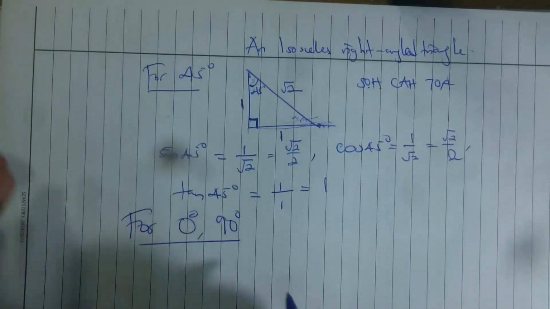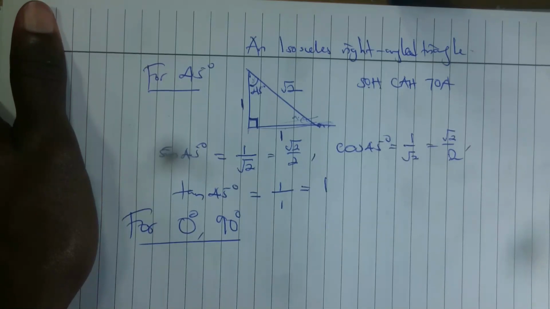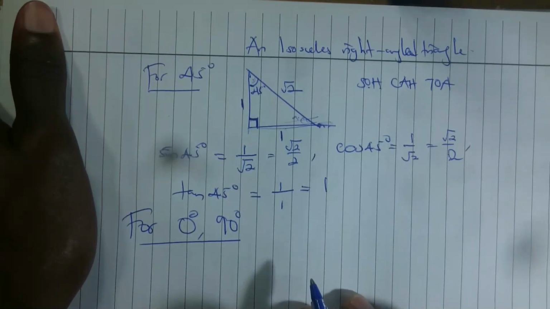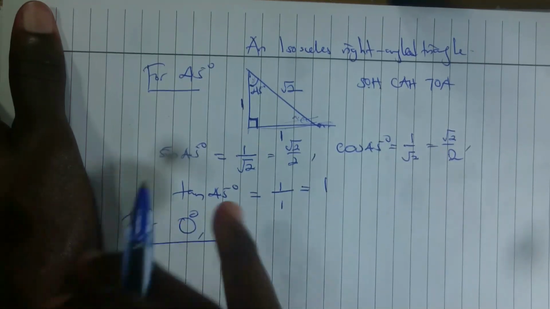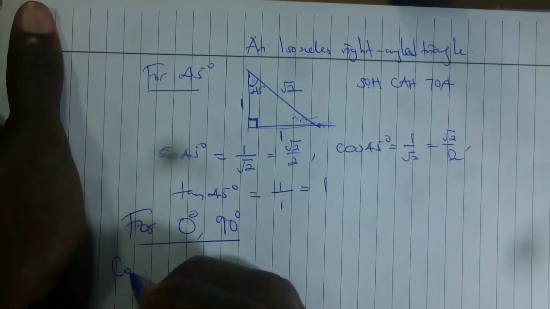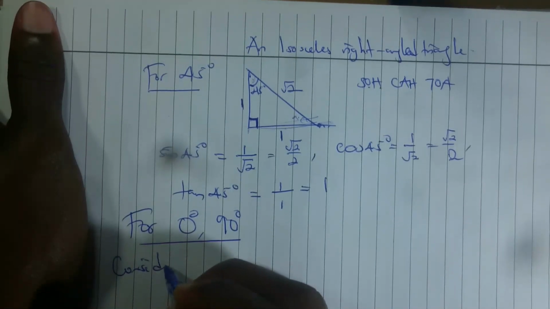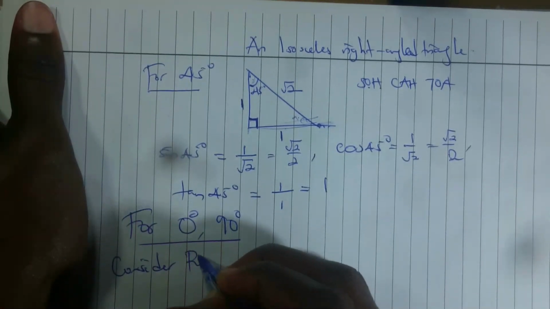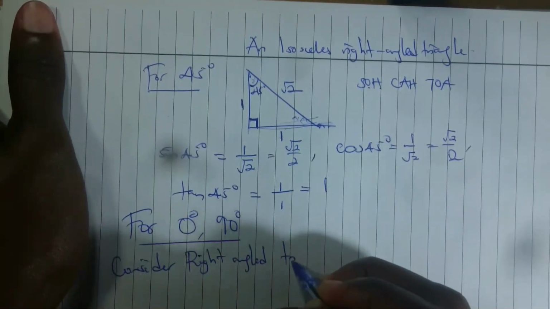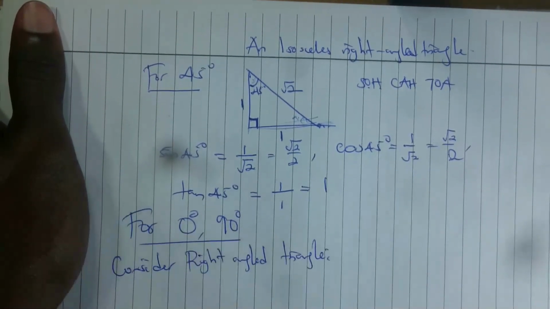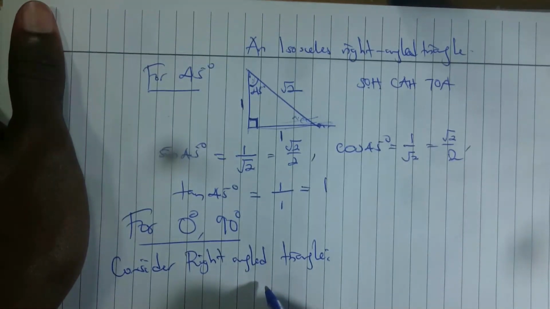Okay, let's continue. For this case, we're going to consider a right angle triangle to create conditions of 0 degrees and 90 degrees. Let me draw it here.